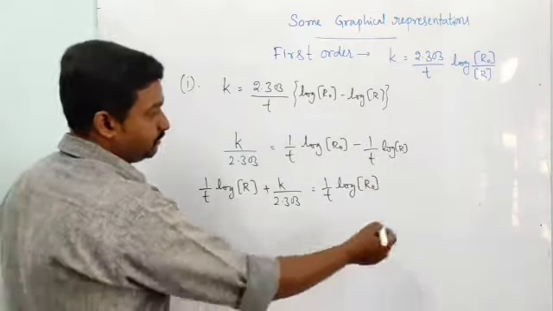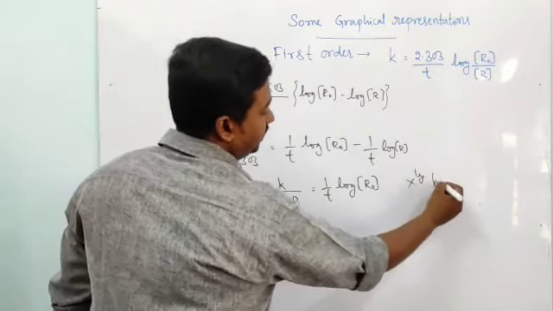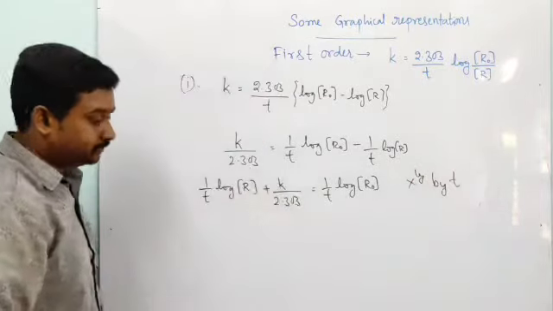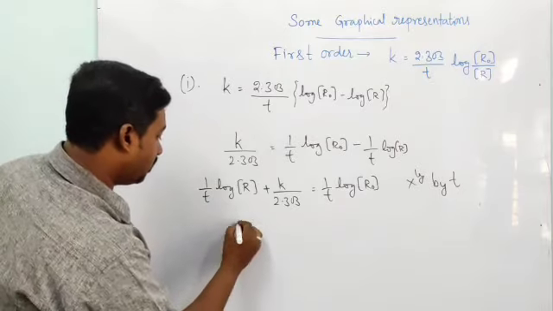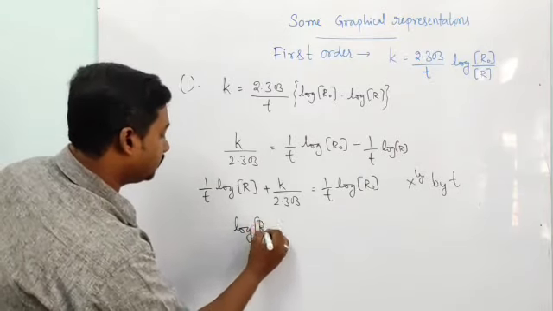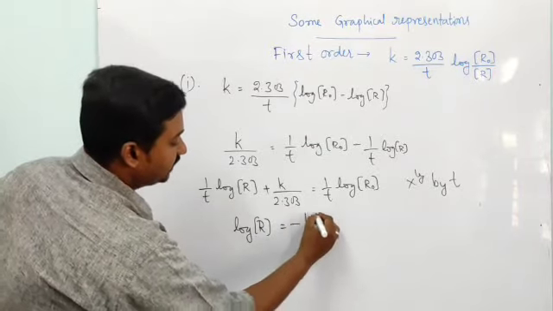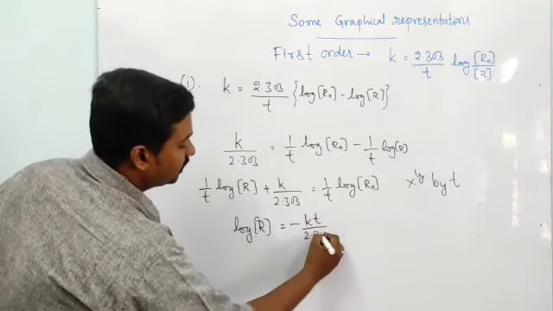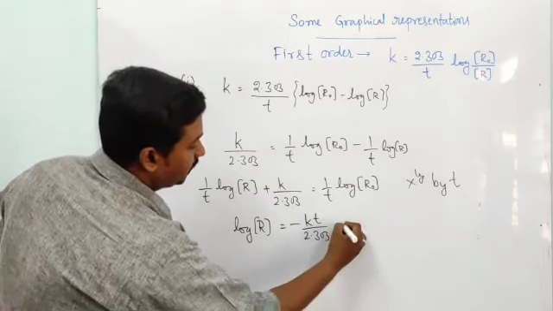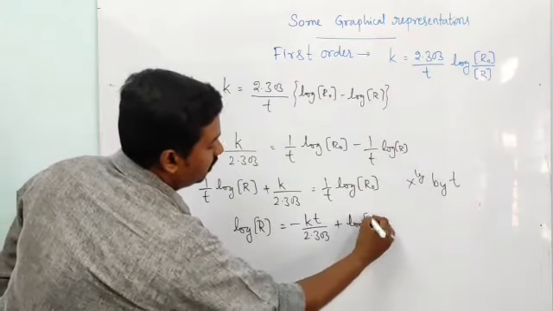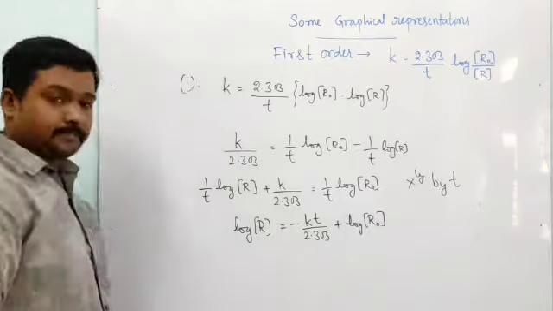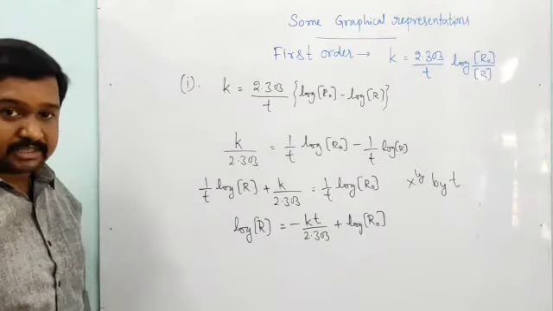The last step, multiply this by t throughout. I'll have log R. Also shift this to the RHS, it becomes minus kt by 2.303 plus log of R0. I hope you can understand this step easily.